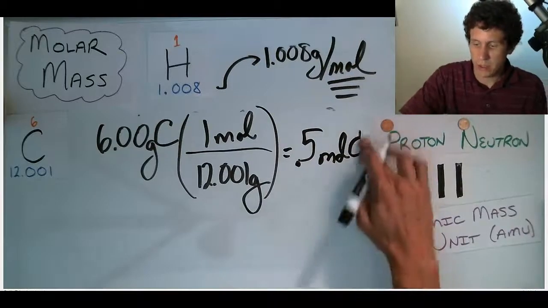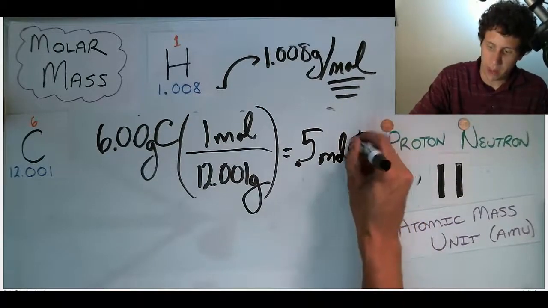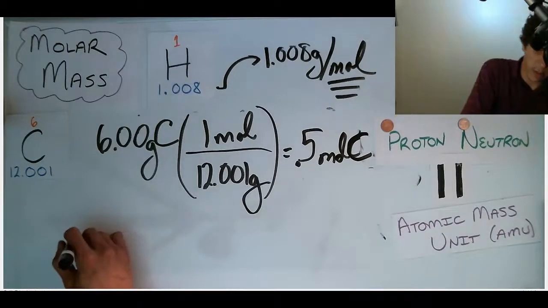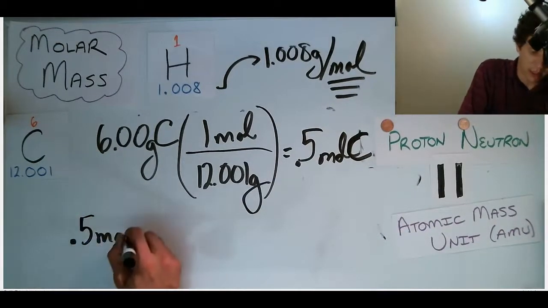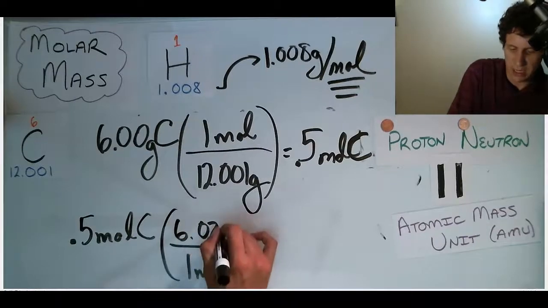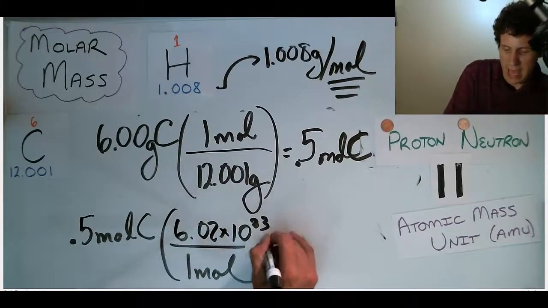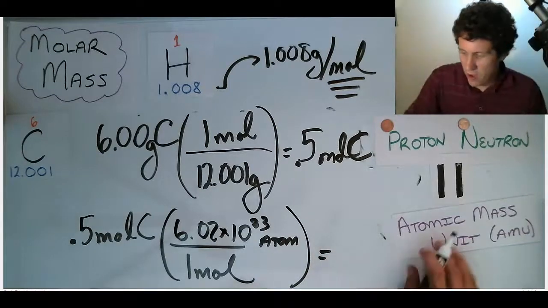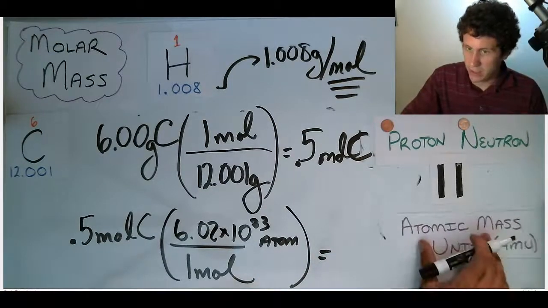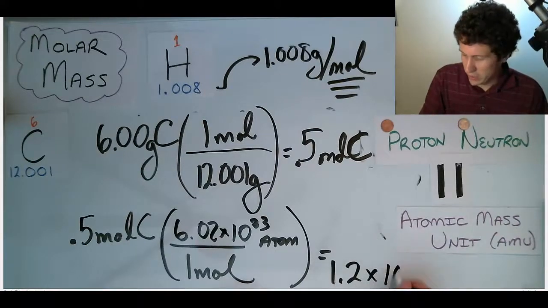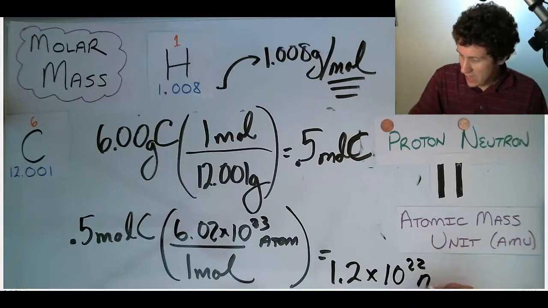Now, that wasn't the original question I had asked. I originally wanted to know how many atoms of carbon I had. So I could then take my 0.5 moles of carbon, and knowing that for every 1 mole of carbon I would have 6.02 times 10 to the 23rd atoms of carbon, I know that I'm going to have roughly 3.01 times 10 to the 23rd atoms of carbon.